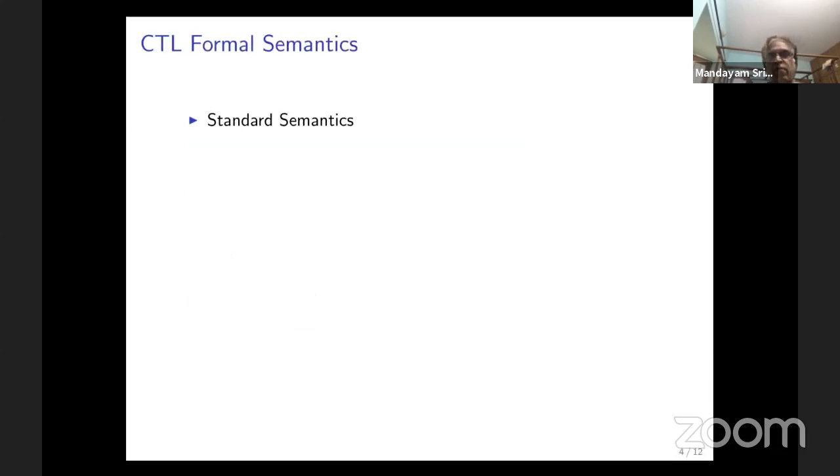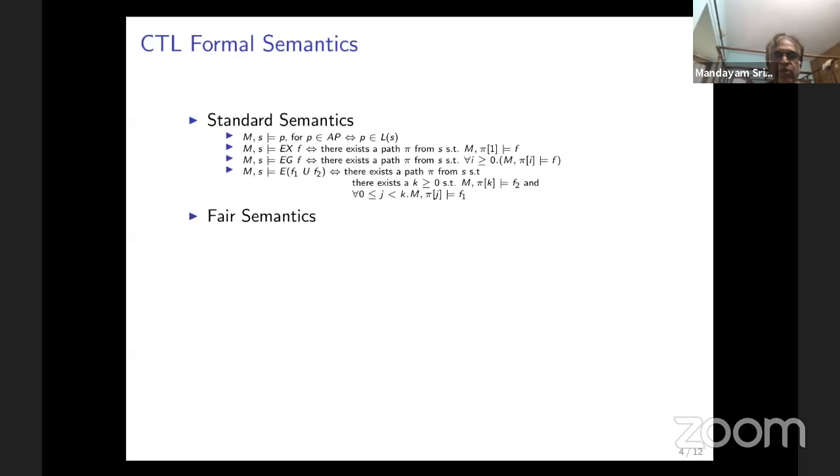Okay, so here for your recollection, the standard semantics was described in this way. For each of these operators, since a CTL formula is a state formula at the top level and at every hierarchical level, it is defined. At the atomic level, if it is an atomic predicate P, then it is true in a state for a given model if P is true of that state.